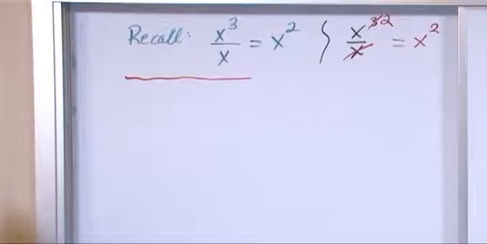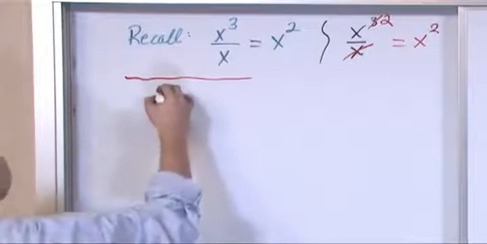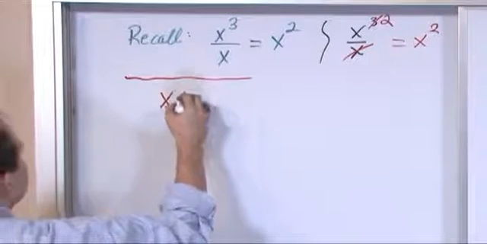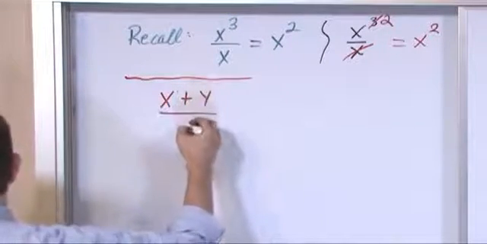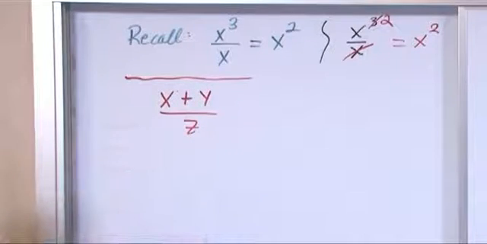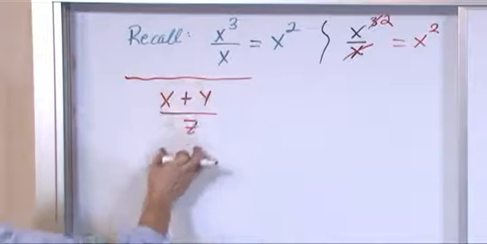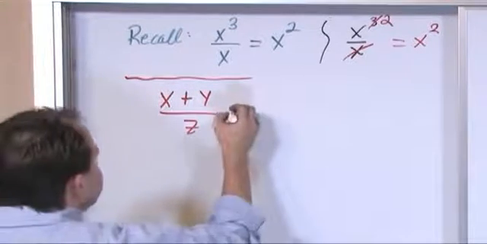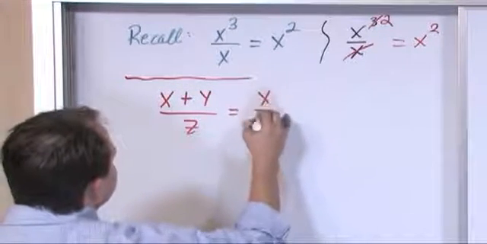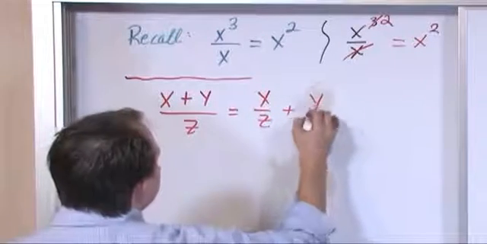The second thing I want you to recall is, if I give you something like x plus y over, well, it doesn't matter, z, you can bust this fraction up. This is a fraction with something added together in the top, and then you have a denominator. You can bust this up to be x over z plus y over z.